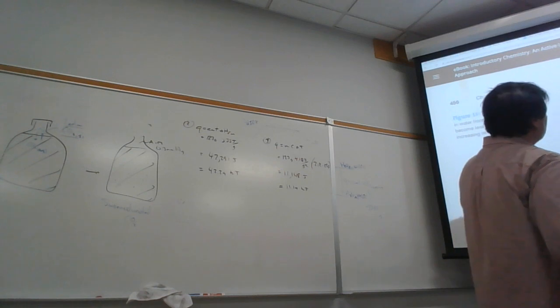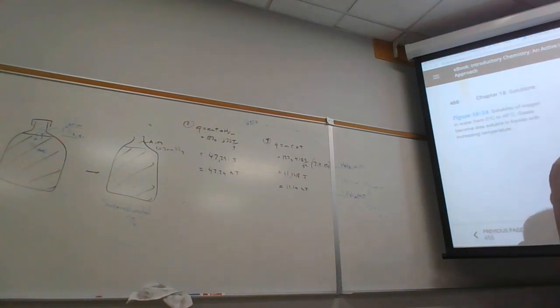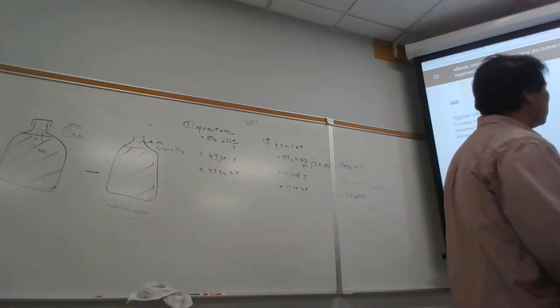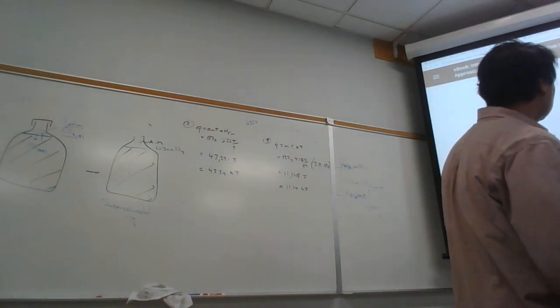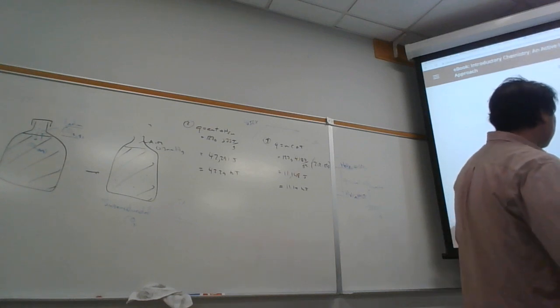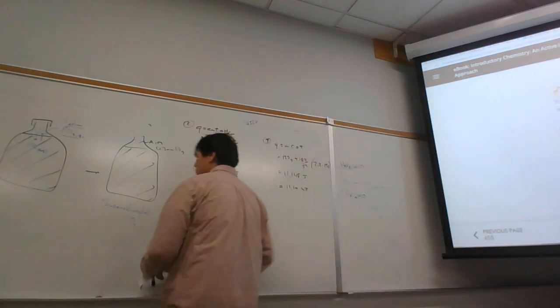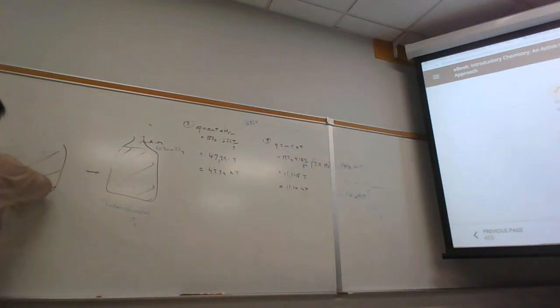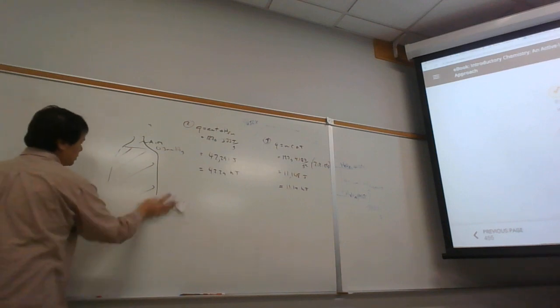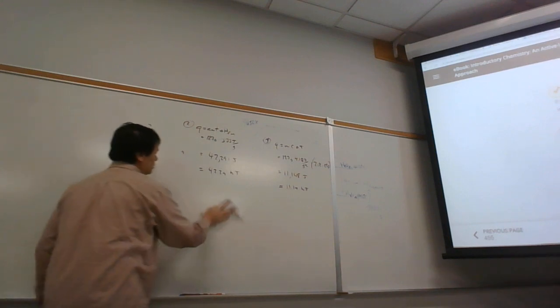So here they say water can hold twice the dissolved oxygen at 0 degrees C than it can at 35 degrees C. Half as much in warm water. Right. So those are just some general terminology for solutions.